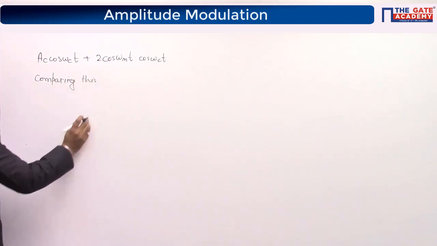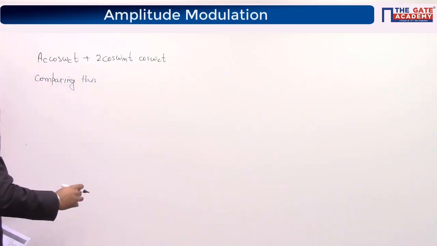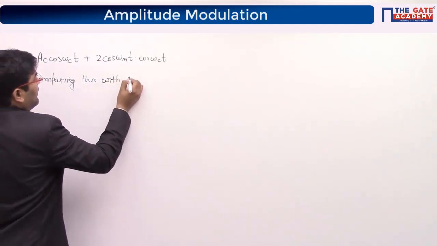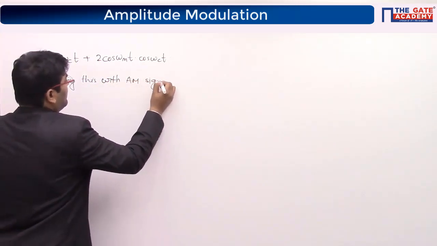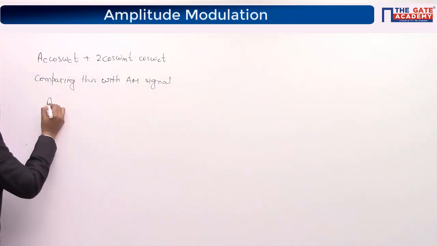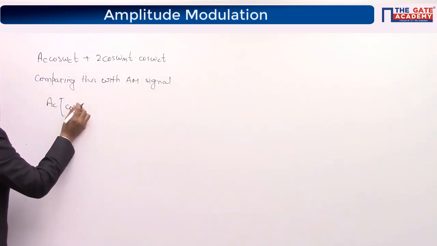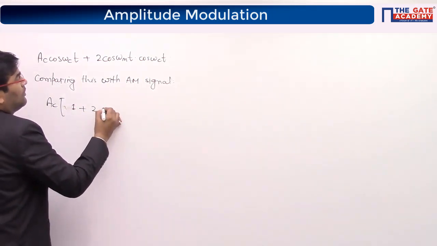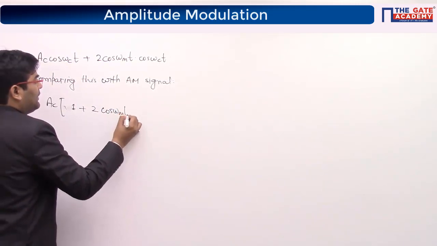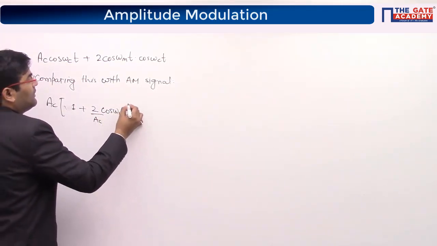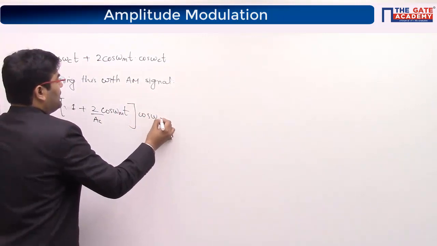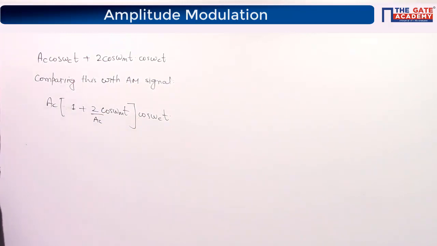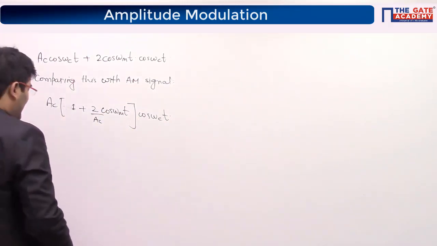Comparing this with the AM signal, you take Ac common, so it will be 1 plus 2 cos omega m t divided by Ac, times cos omega c t. Anyone has any problem? I have taken Ac common and cos omega c t common. So it is 1 plus 2 by Ac cos omega m t.